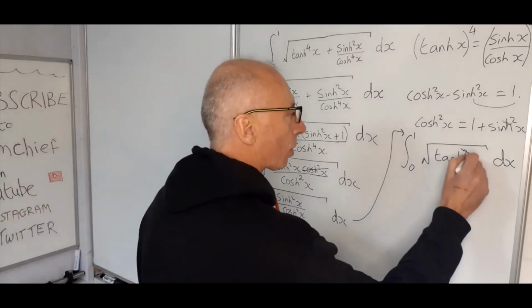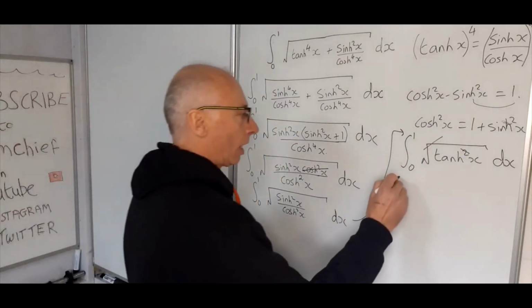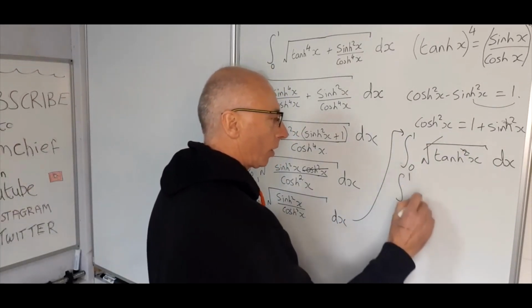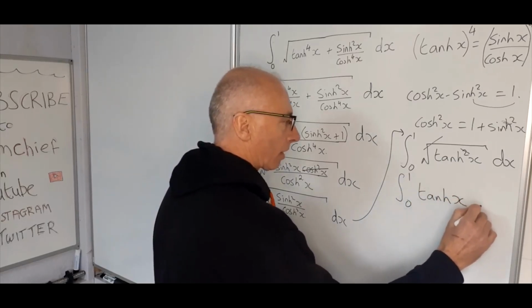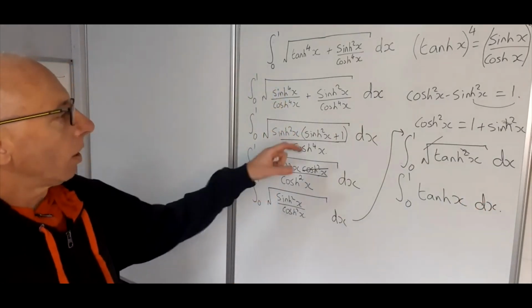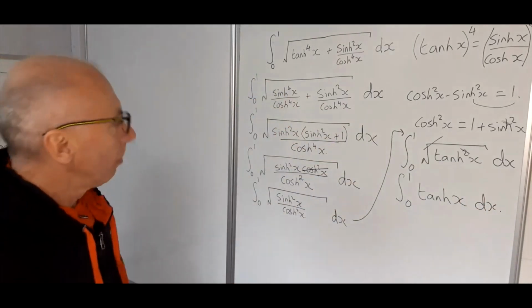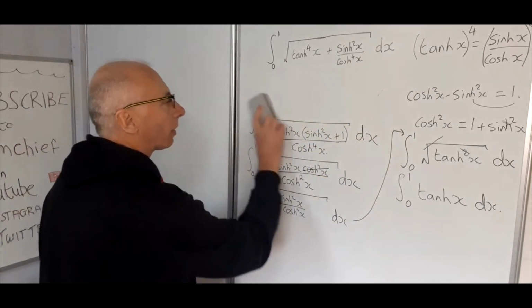So now I can just cross that out and cross that out. Now we're left with, from 0 to 1, the integral of hyperbolic tangent of x dx. Okay, so now let's rub this out and carry on over here. Let's start back on from there.